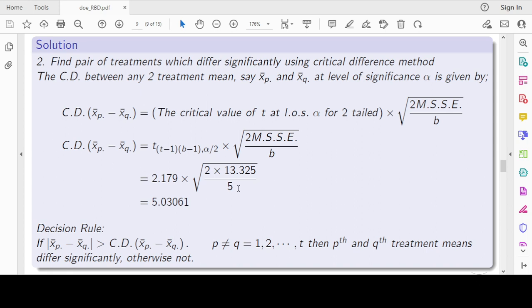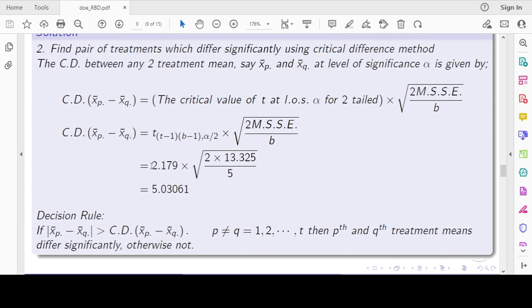We get the same CD for all the treatment combinations because we have the same replication for each treatment, as the number of blocks is fixed here. So CD is the same for all the treatment means, and we only have to obtain the differences.